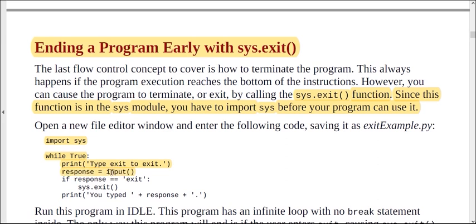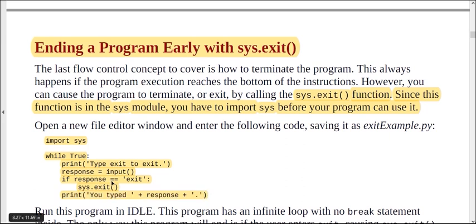for an input. Then they are checking if the response is equal to the string exit, then the sys.exit function has been used, and after the response is equal to the string exit, then we are getting this printed.